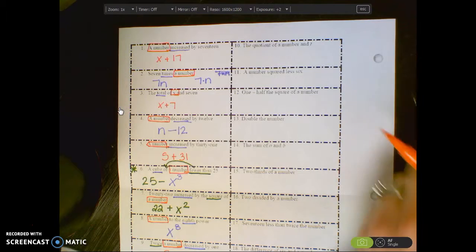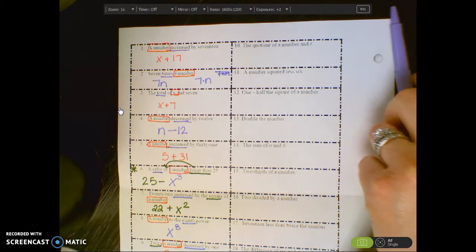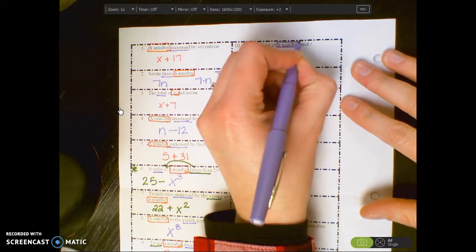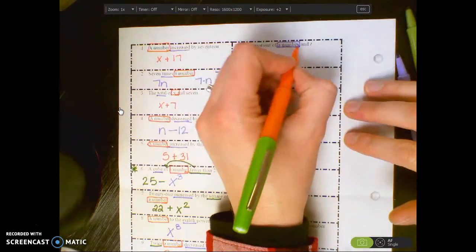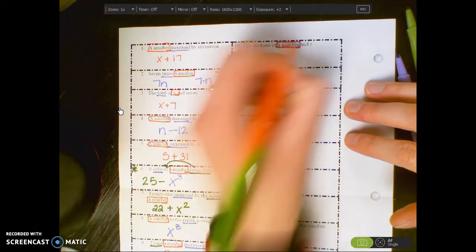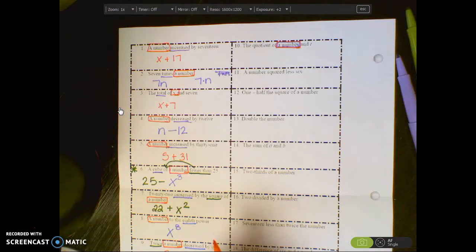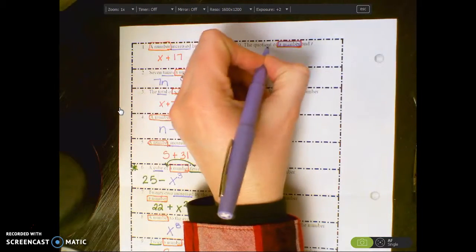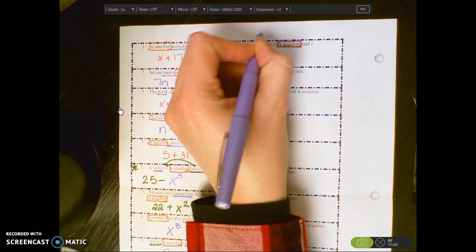Number 10, the quotient of a number and t. Sorry, folks, I normally have been putting that in orange. So this one is just a little bit different. I'm going to underline that quotient. Quotient in math means to divide, remember?